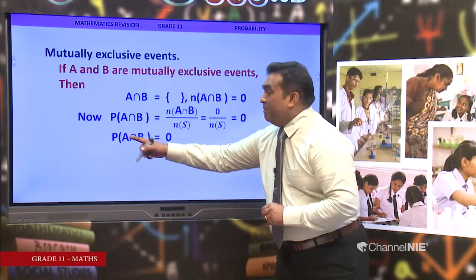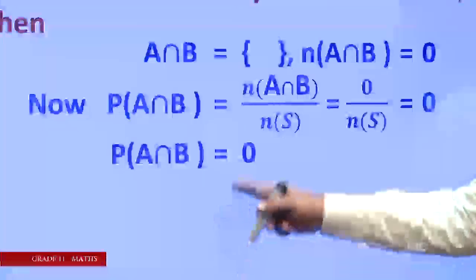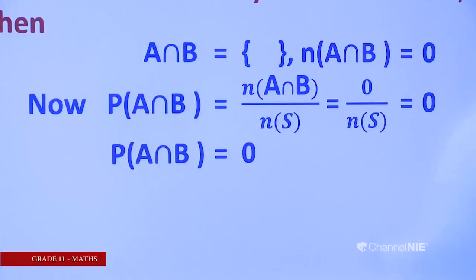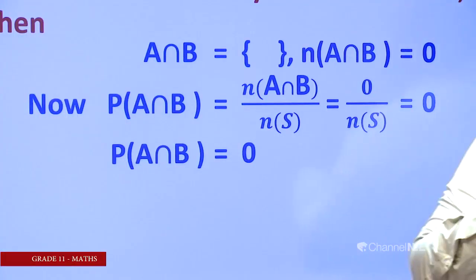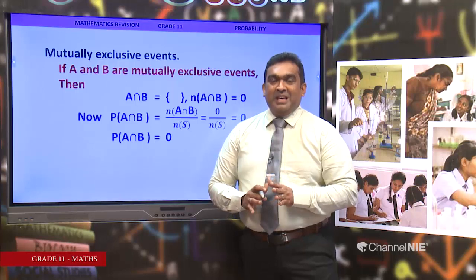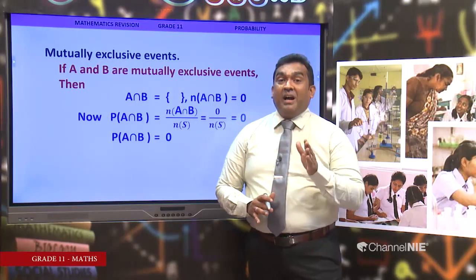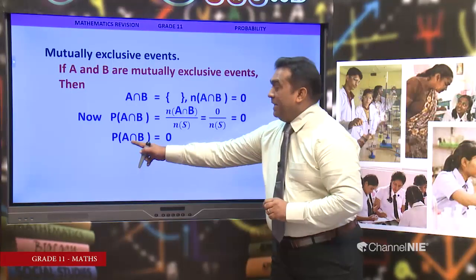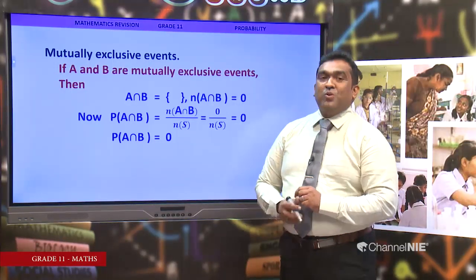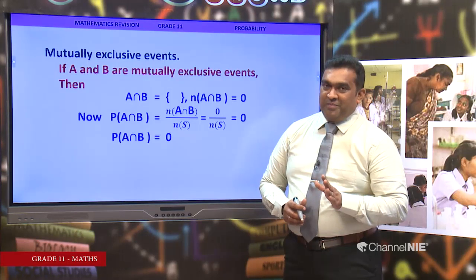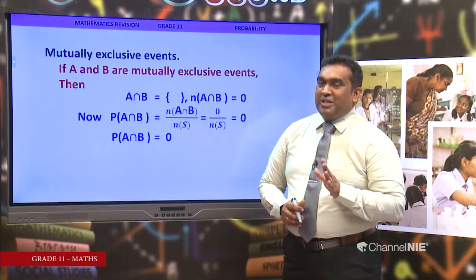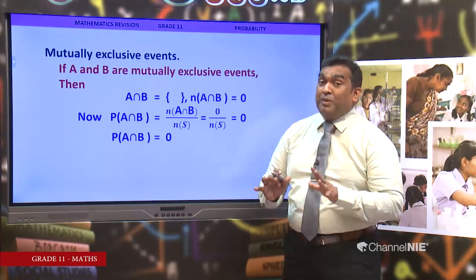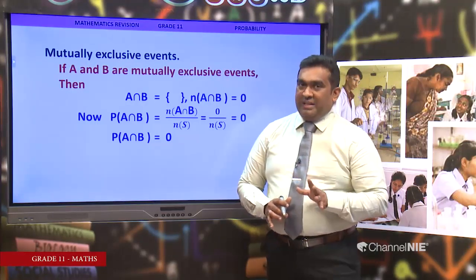Therefore, the probability of A and B is equal to 0. Now you got the result. If capital A and B are mutually exclusive events, then P(A intersection B) is 0. Right? This relation is very, very important when solving problems based on probability.